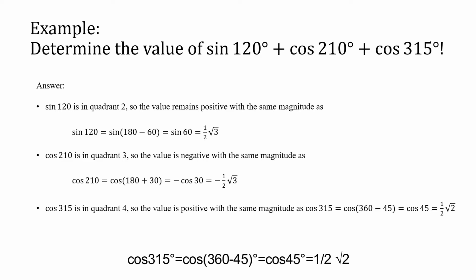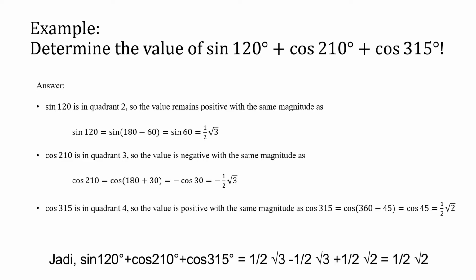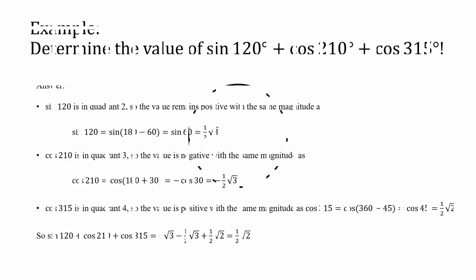The value of cosine 45 is 1/2 root 2. So sine 120 plus cosine 210 plus cosine 315 is the same as 1/2 root 3 minus 1/2 root 3 plus 1/2 root 2, which is the same as 1/2 root 2.